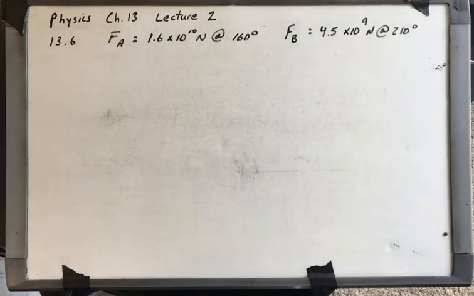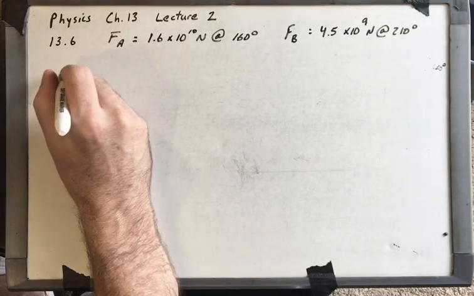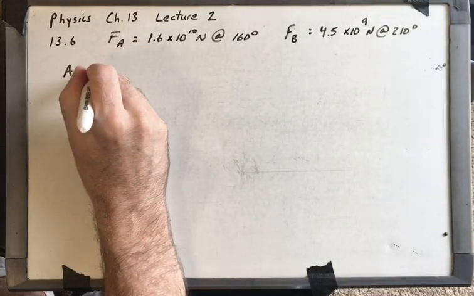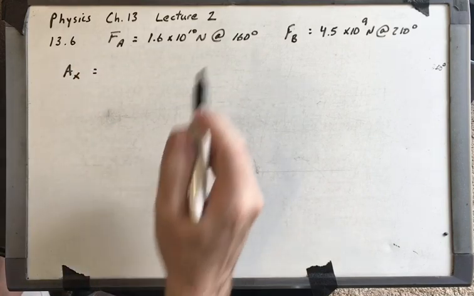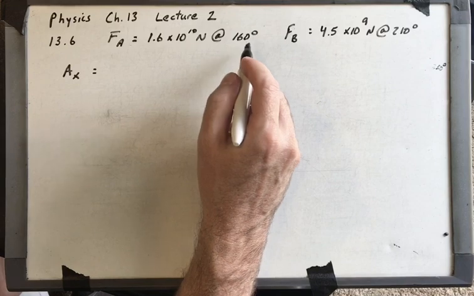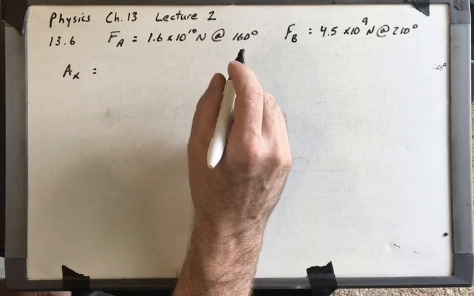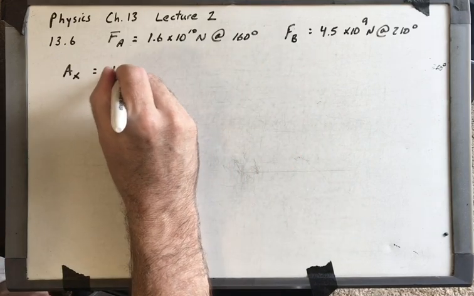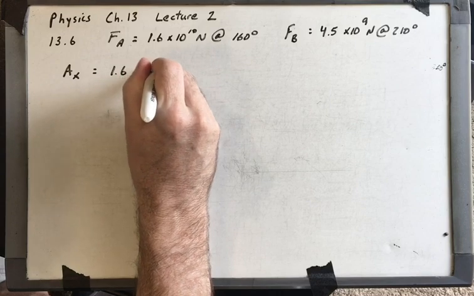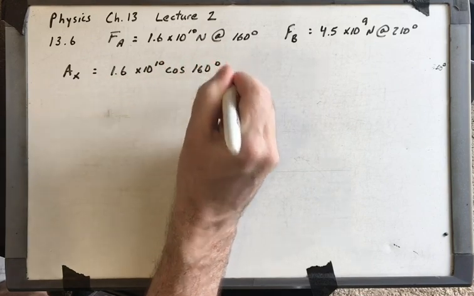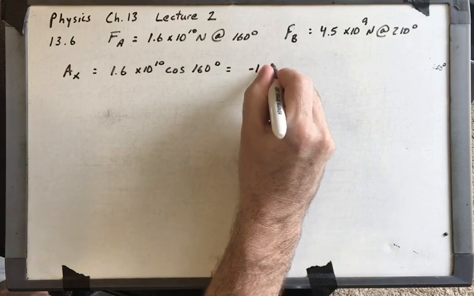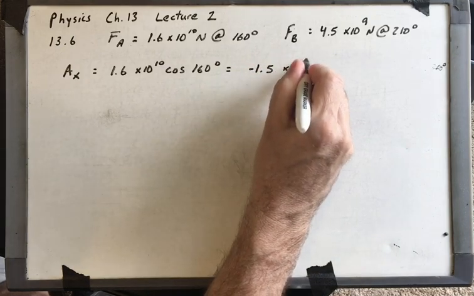So we'll go from there. So for vector A, we need to get the x component. We're going all the way back to chapter 3, but to get the x component, we would take the cosine of the angle. So that's 1.6 times 10 to the 10th cosine of 160. That's negative 1.5 times 10 to the 10th newtons.